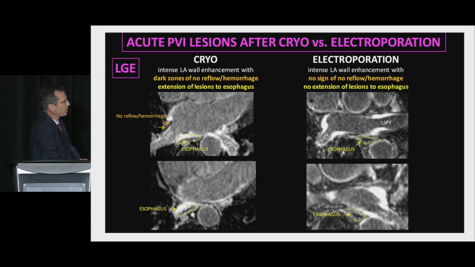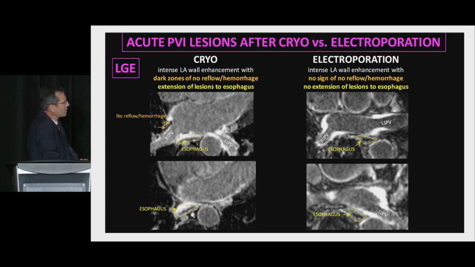This is something you will not see with RF or with cryo. It's much more heterogeneous. And on cryo, this is one cryo patient we did at the same time in my center. You see the lesion, the bright late gadolinium enhancement as well.